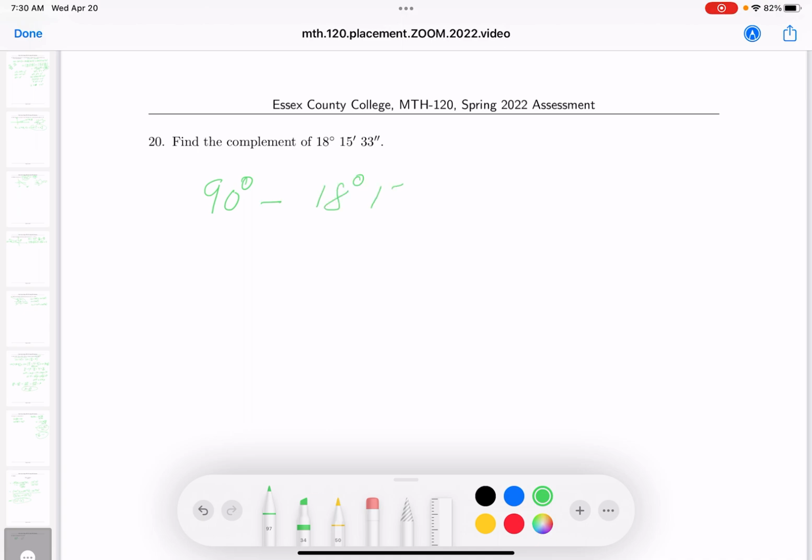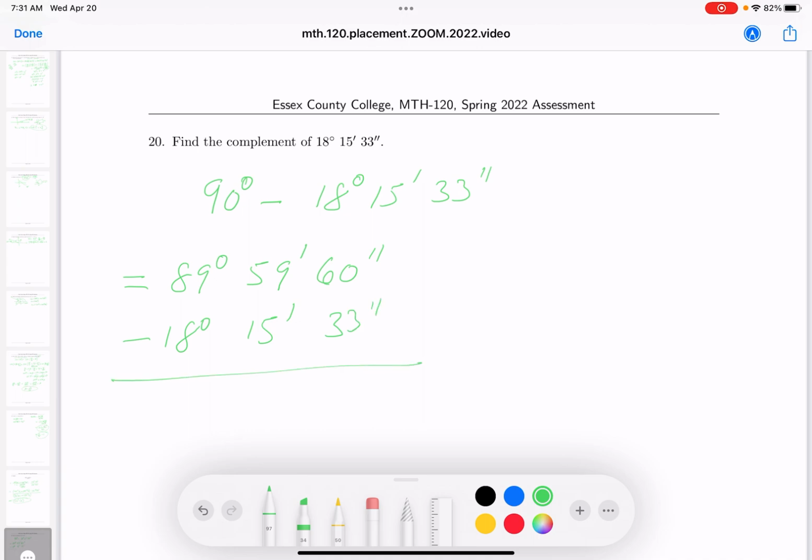There's a problem now. This number is written as a mixed number. So I have to write 90 degrees as a mixed number. And what's that going to be? 89 degrees, 59 minutes, and 60 seconds. And what am I going to subtract away? 18 degrees, 15 minutes, and 33 seconds.